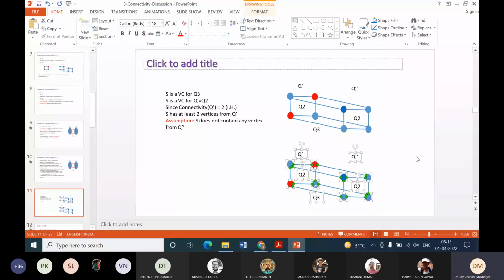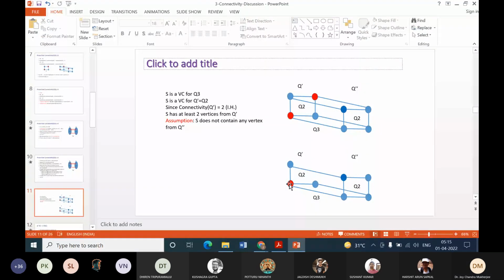Then if we delete these two, if I delete this, then all these edges will be deleted. If I delete this one also, then this is deleted. But it is a connected graph, it remains connected after deletion of these two.